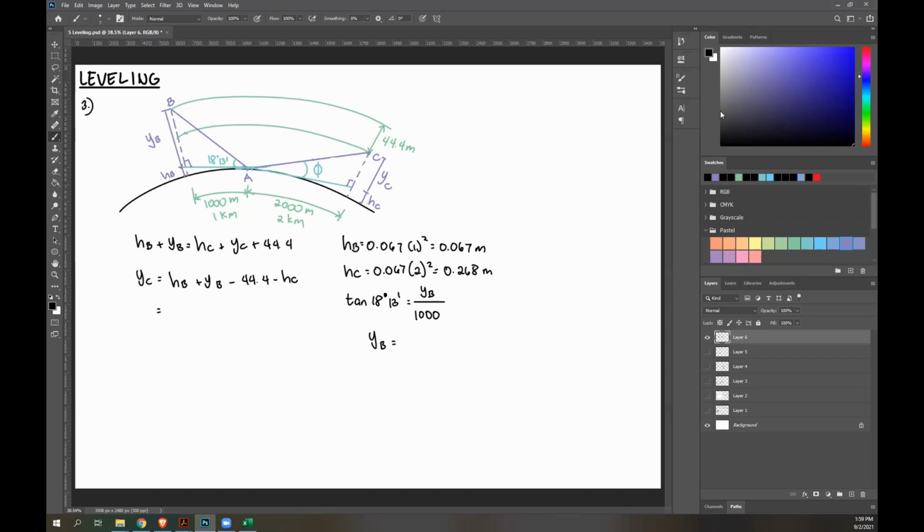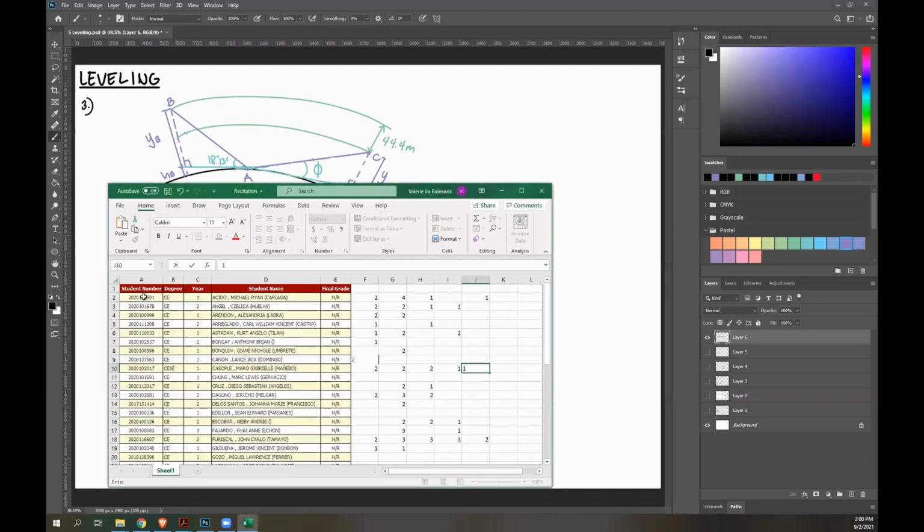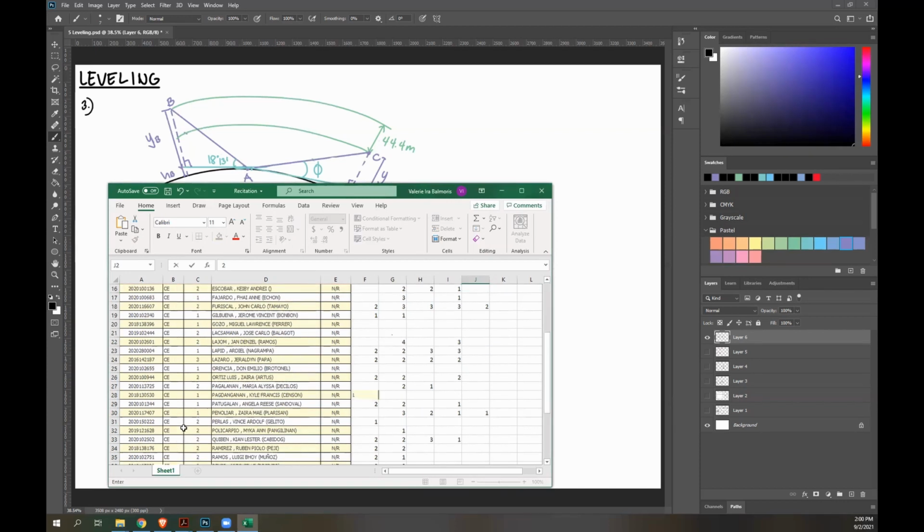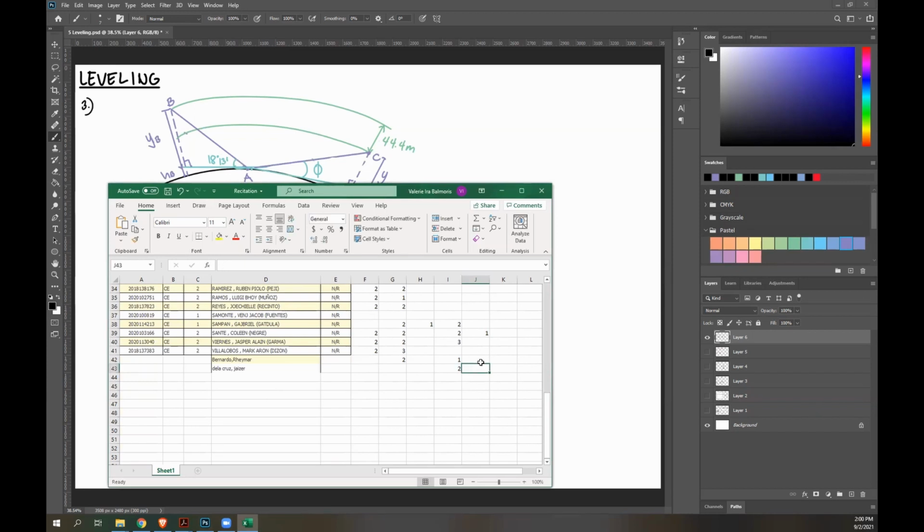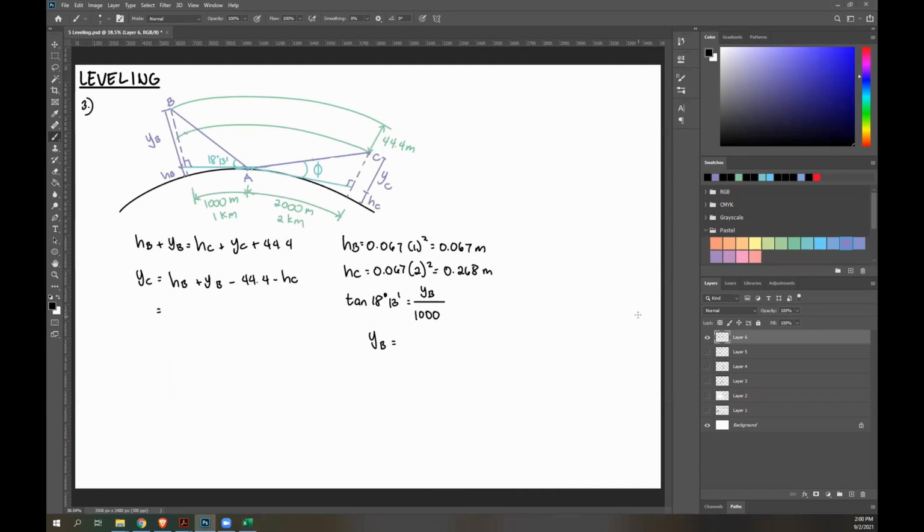Correct. It's 329.11. And then again, if it's not a whole number or it's not just 2 to 3 decimal places, you can just store this in your calculator.